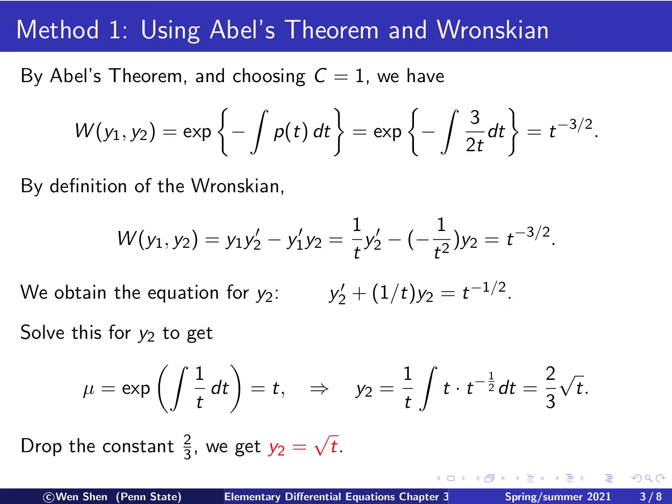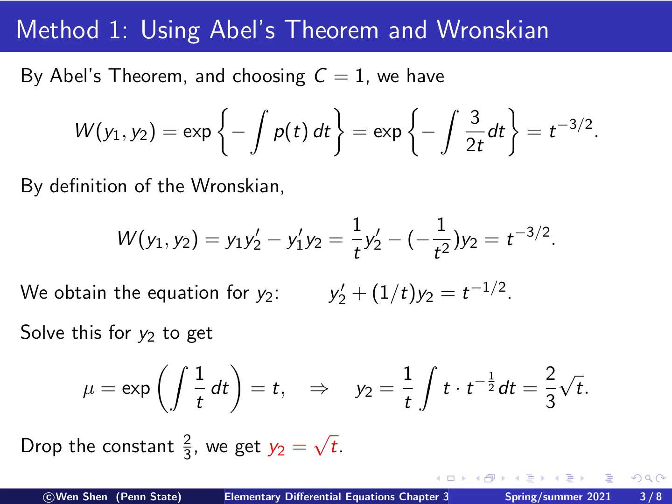The constant 3 over 2 doesn't really matter, because this is a linear equation, so if y2 is a solution, multiplying y2 by any number gives another solution. So we can just drop this constant and take the simplest form for y2, which is square root of t.